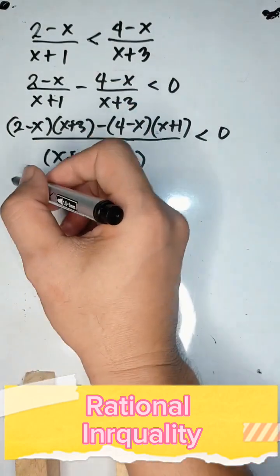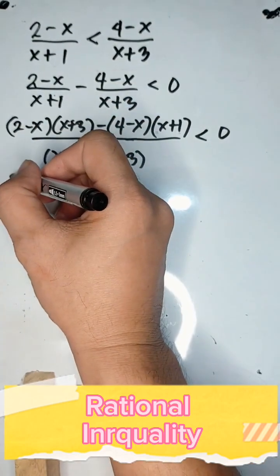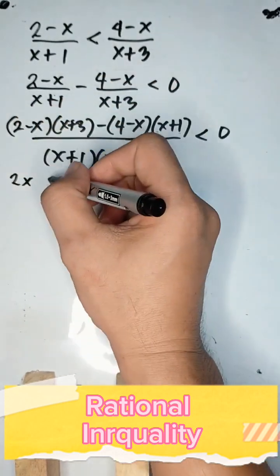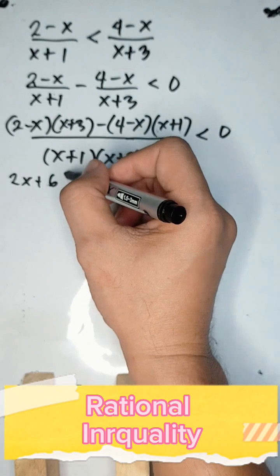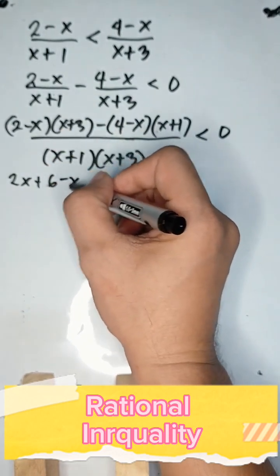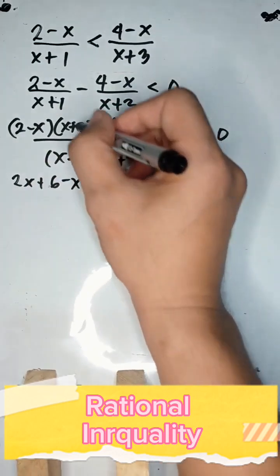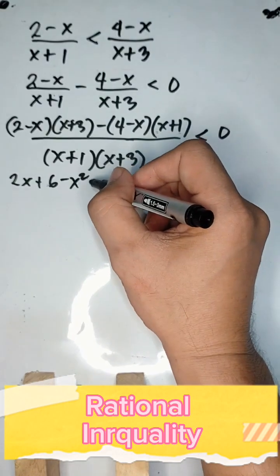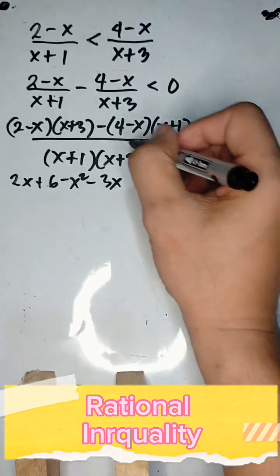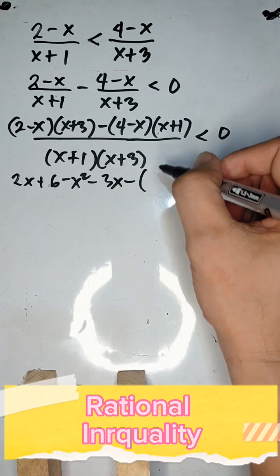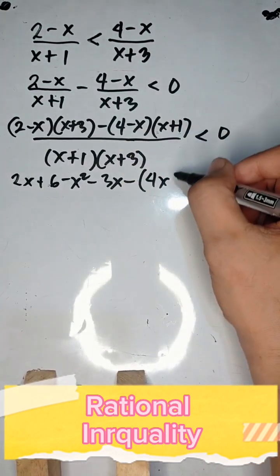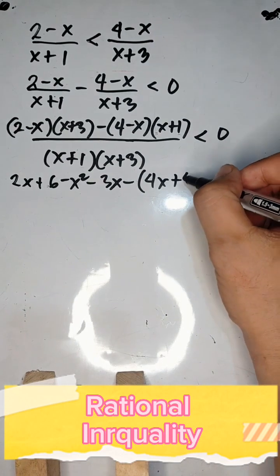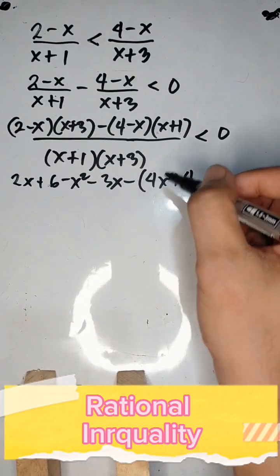Now let's expand this and multiply 2 times x. That gives us 2x. 2 times 3 gives us 6. Negative x times negative x gives us negative x squared. Negative x times 3 gives us negative 3x. And here 4 times x gives us 4x. 4 times 1 gives us 4.